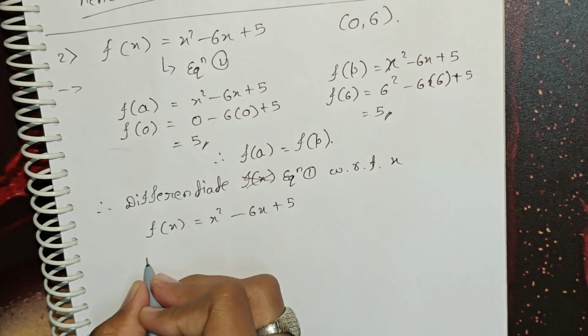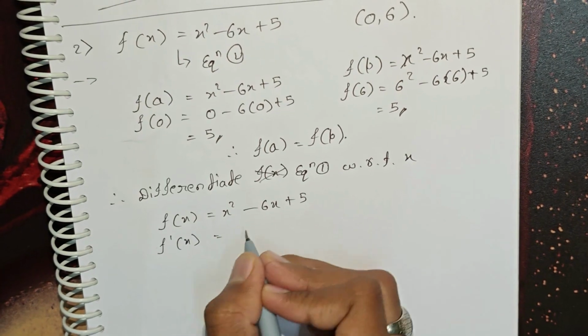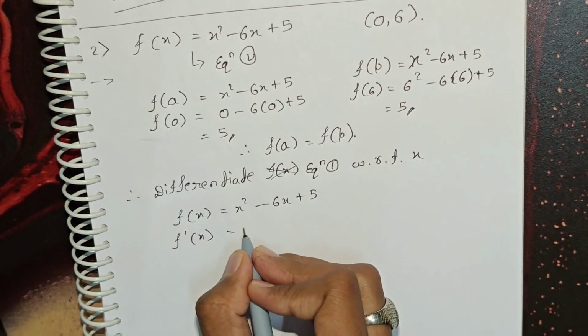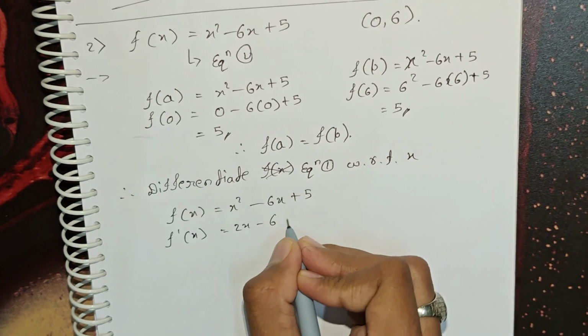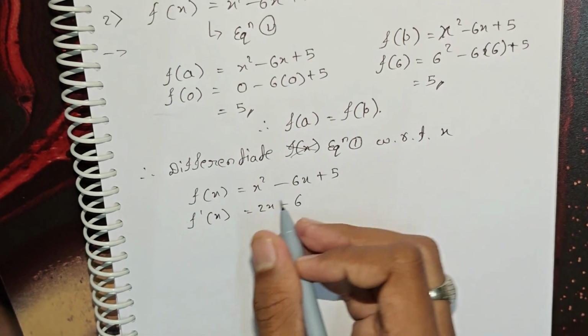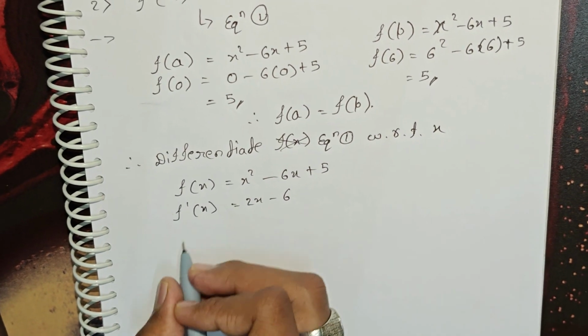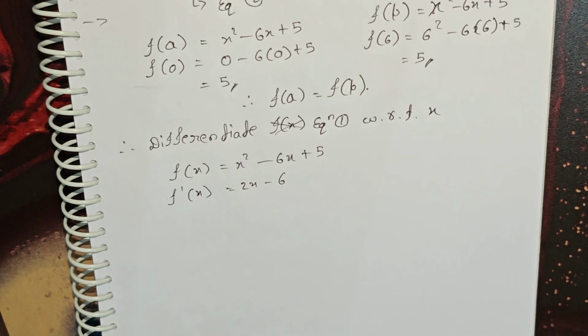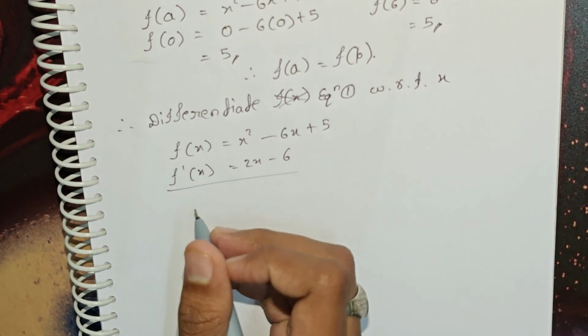So after differentiation, f of x will become f dash of x, and the equation will become 2x for x square, 6 for 6x, and 0 for the constant. Now we have the f dash of x.